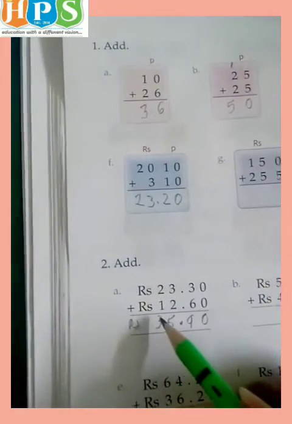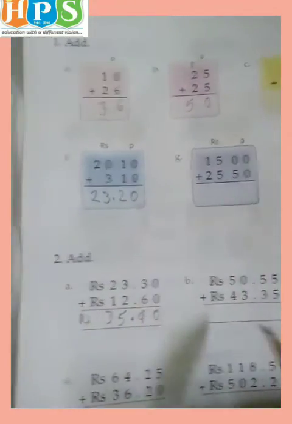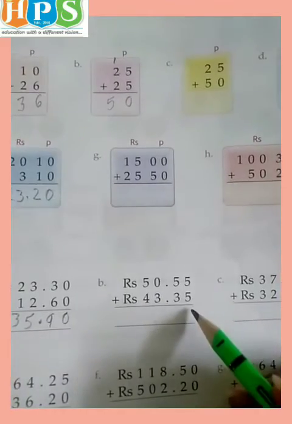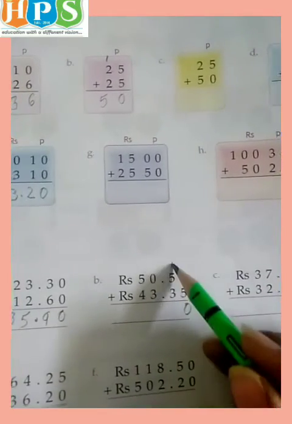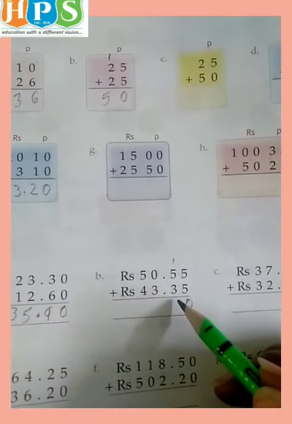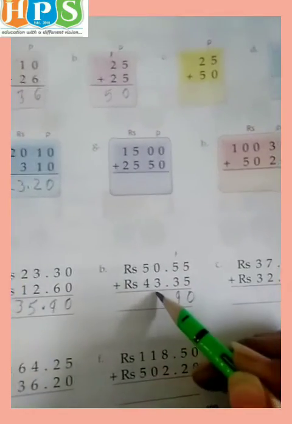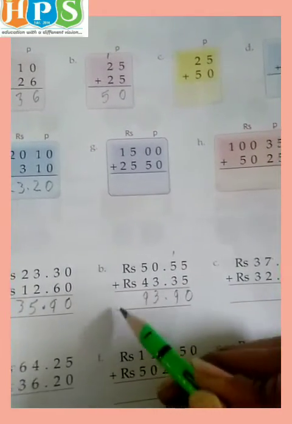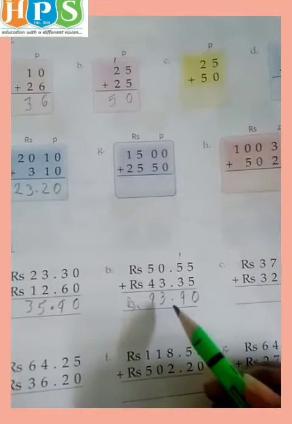It means 35 rupees 9 paise. 5 and 5 10, 5 and 1 6, 6 and 3 9, 3 and 9, 93 rupees and 90 paise.